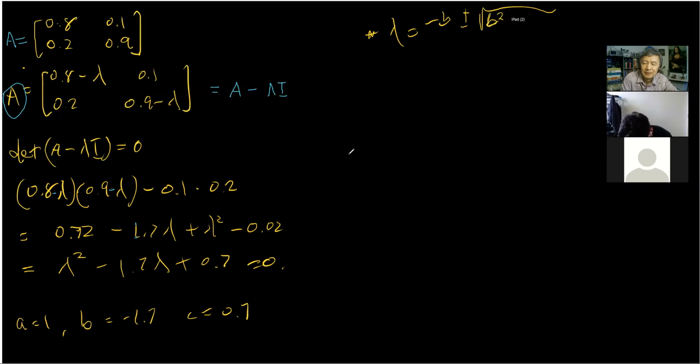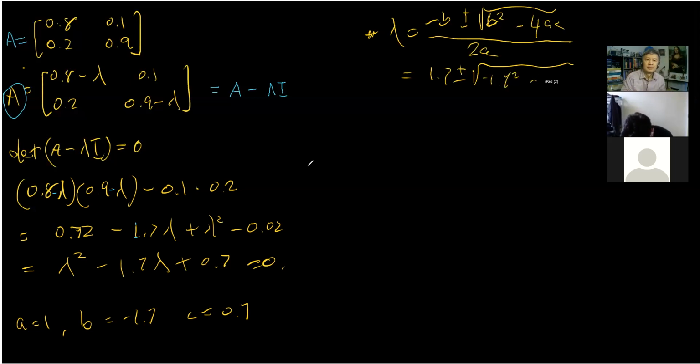So B squared take 4AC all over 2A equals 1.7 plus or minus the square root of B squared, take 4 times 1 times 0.7. We're going to end up with, I remember because I did the calculation earlier, I think it's 0.3.